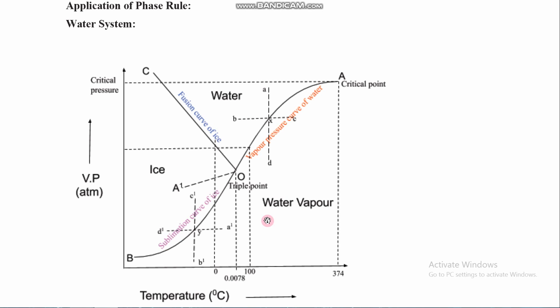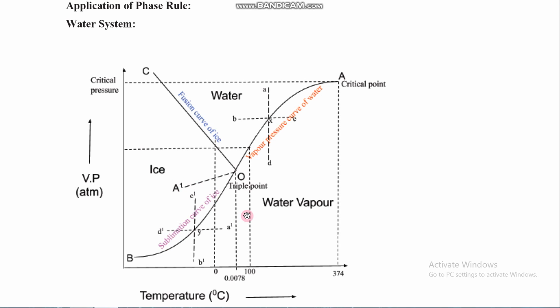And one more point is there, metastable equilibrium. The curve AO represents the equilibrium between liquid water and vapor water. If water is cooled below 0 degrees Celsius without separation of ice, that water is called supercooled water.